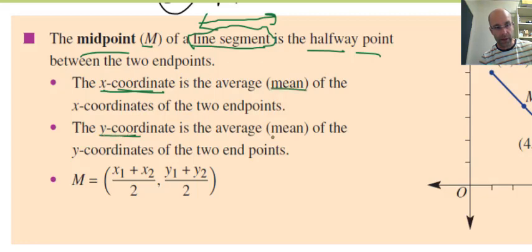So you find the mean of the x and the mean of the y coordinates. Now if you have a look, the midpoint formula is given here. It gives you one number, comma, a second number. See the comma there? So you find the average of the x's and the average of the y's.